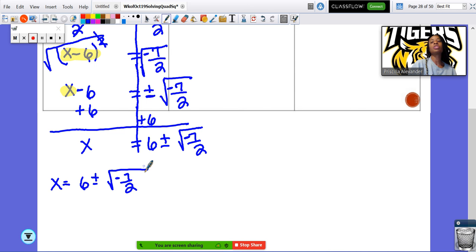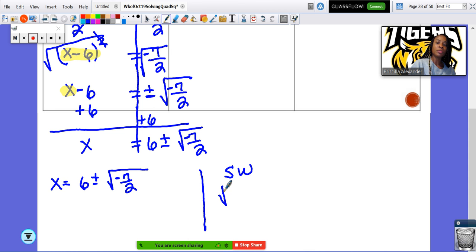But we have some issues because we talked earlier last week that we couldn't have a negative number under the radical. So we're going to have to go to the side and do some side work for this radical part right here. So that's what I'm going to do. I'm going to go to the side and do some side work, and then I'm going to come back to my answer.